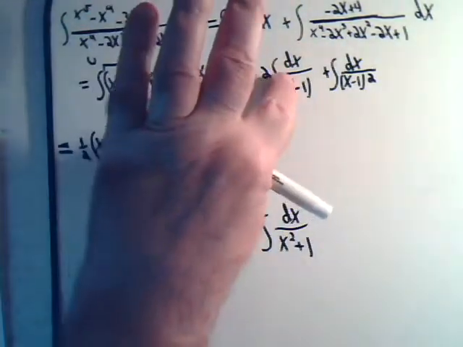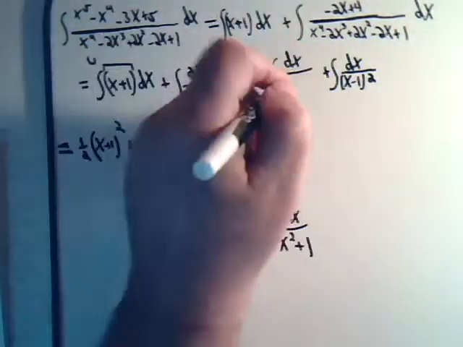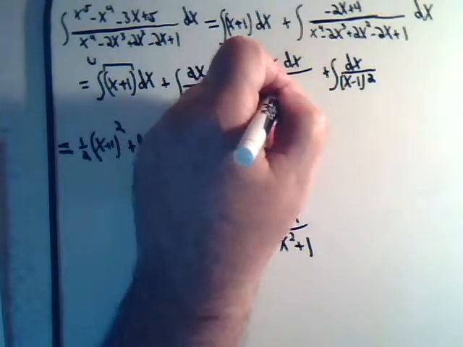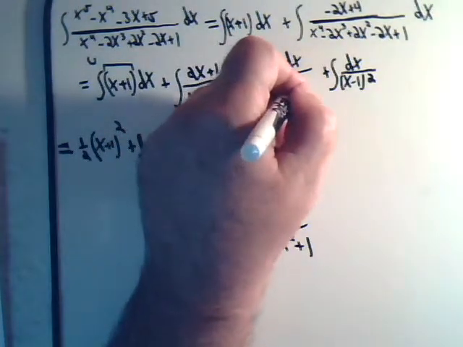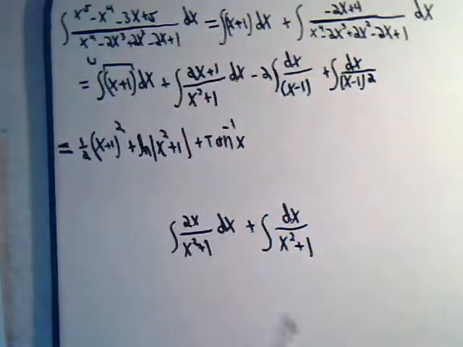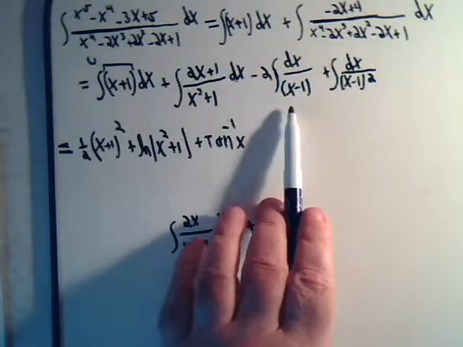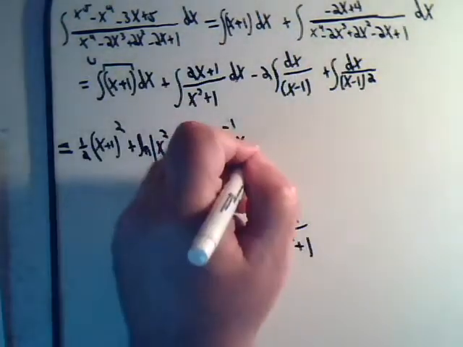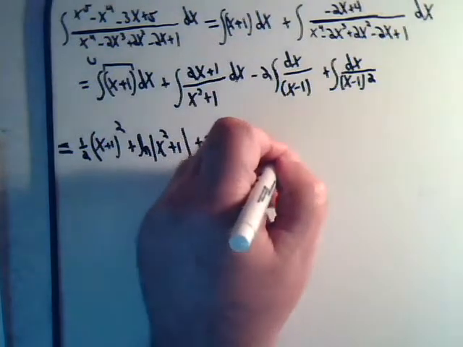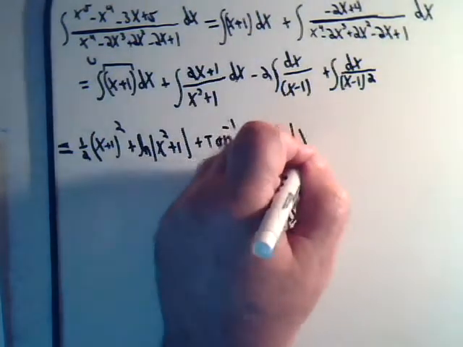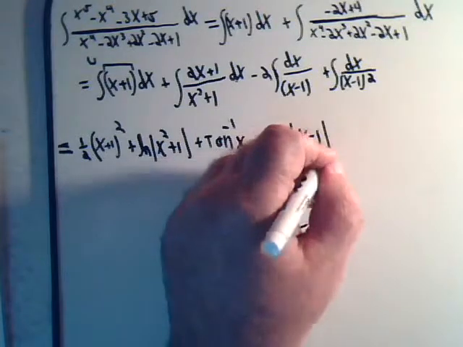And here we have dx over x minus 1. If I call this u, that's du. That's minus 2, the natural log of x minus 1.